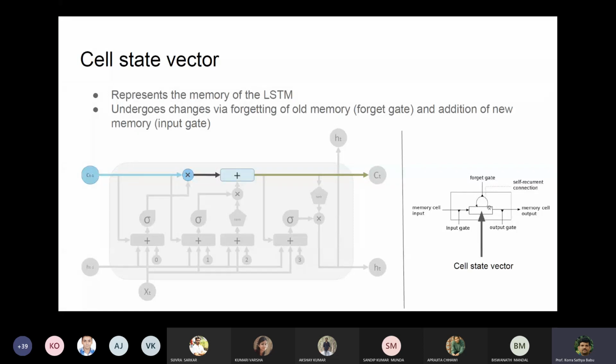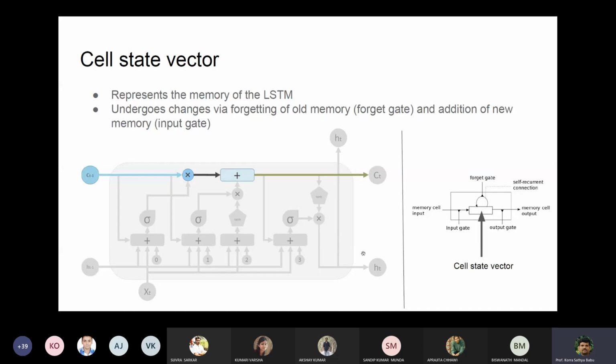Now what needs to be remembered and what needs to be carried forward. You can say that this is the first step here. This cell state vector has to be taken into consideration for the complete working of the RNN, supported by the forget gate, then the input gate, then concatenating or multiplying, storing the vector value here, then the output.